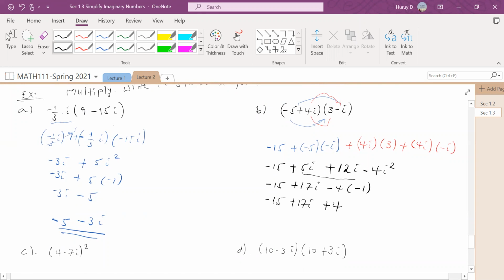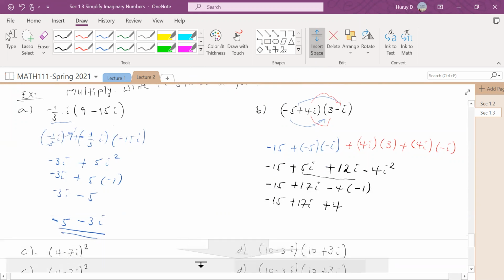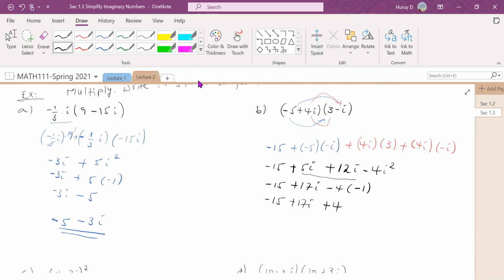Now we have two real numbers, so we can add or subtract. 15 minus 4 is 11, so that's -11. Therefore, this is -11 plus 17i, and this is the standard form.